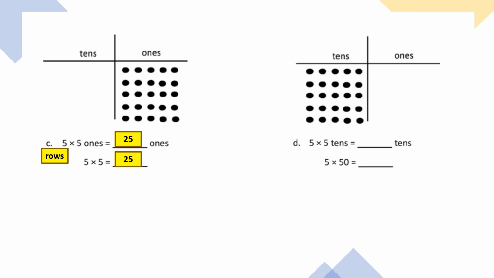Let's move on to number 2, letter D. Now this time you notice all of the place value discs are in the tens place. So we have 5 rows of 5 tens. And since we just counted them in the ones place, we know that instead of 25 ones this time, we have 25 tens, because all they did was move them over to the tens place.